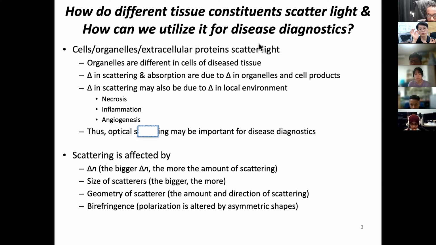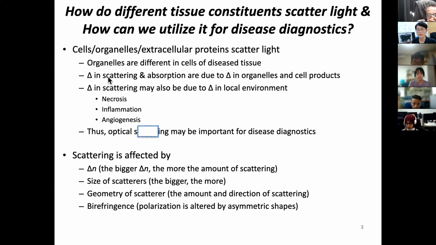And what if those interacting entities are now biological, cells and subcellular organelles? And outside of the cell, there's a bunch of extracellular proteins that will scatter light. And the organelles will be different in cells when the cell status is healthy, normal, versus unhealthy disease status. So that may produce meaningful differences in light scattering property.